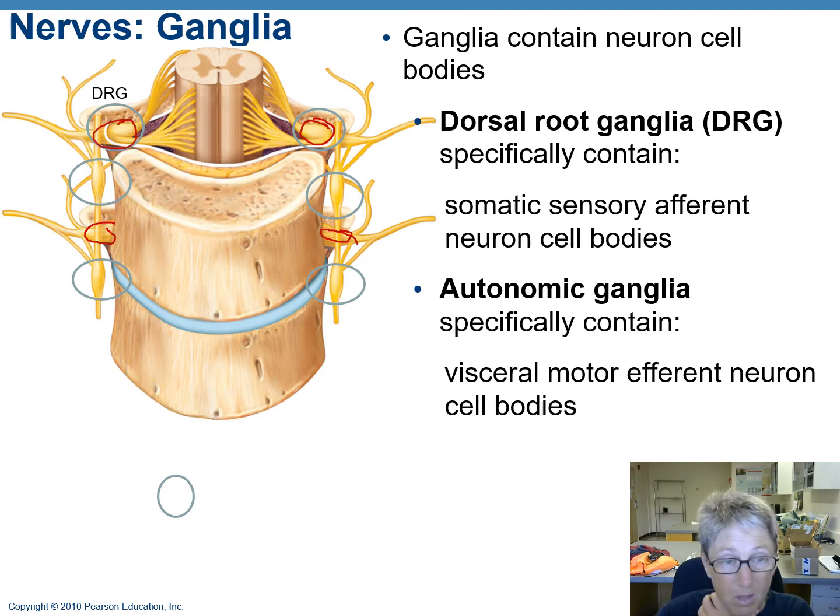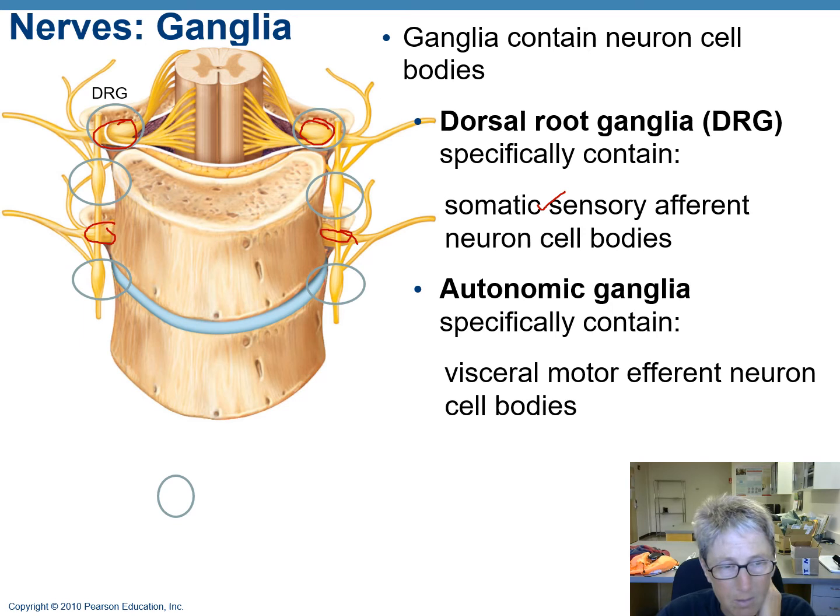They specifically contain sensory afferent neuron cell bodies, not motor efferent. Oh, and specifically they're somatic sensory afferent neuron cell bodies. So they're coming from a muscle, a joint, or the skin, carrying sensory afferent information.